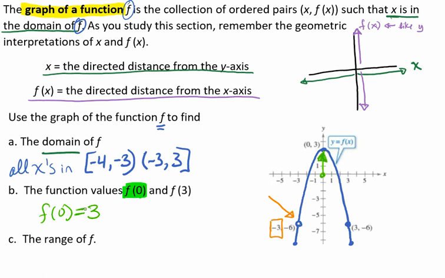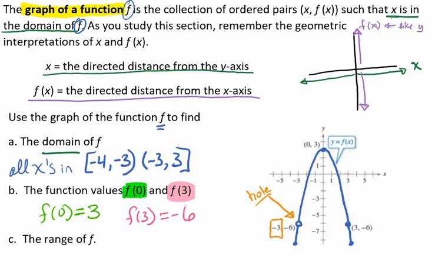The spot on the function is 3 when x equals 0. And now we're going to look for f of 3. So we're going to go to where x is 3 and go to our function. And here we see that when x is 3, our function value is a -6, or that y value is a -6.